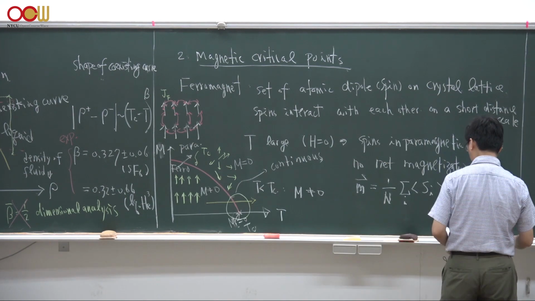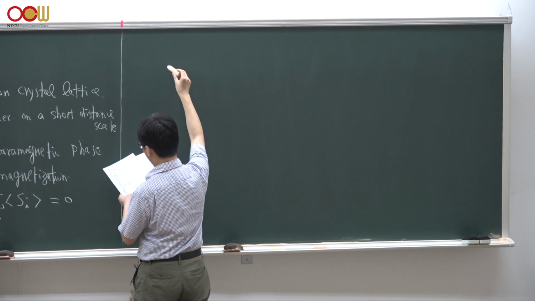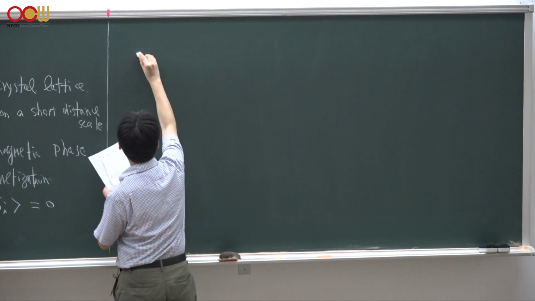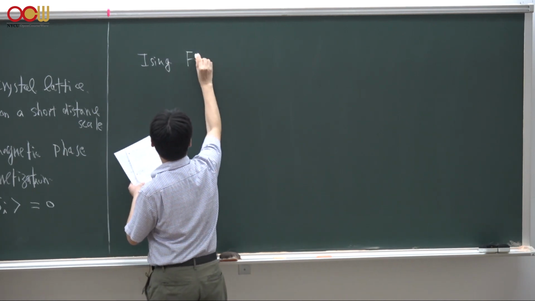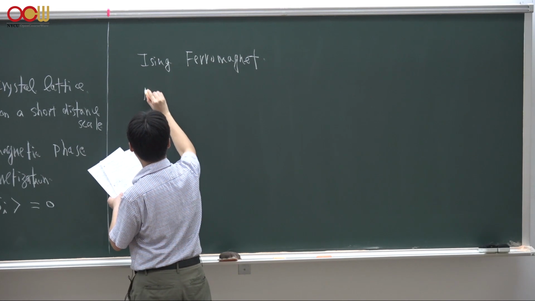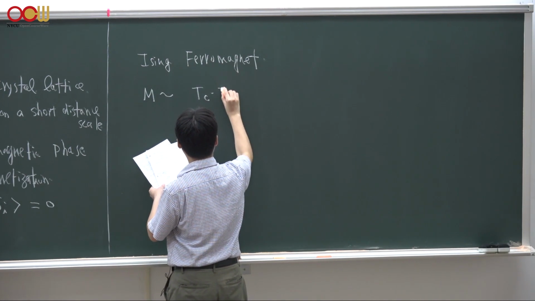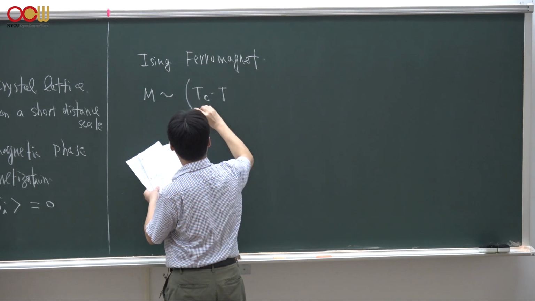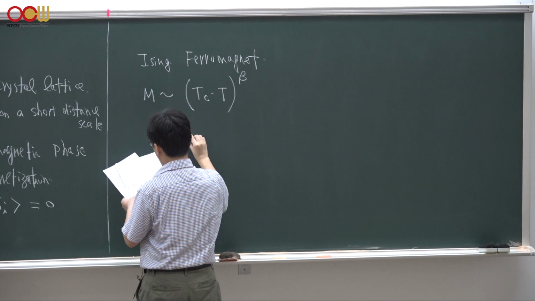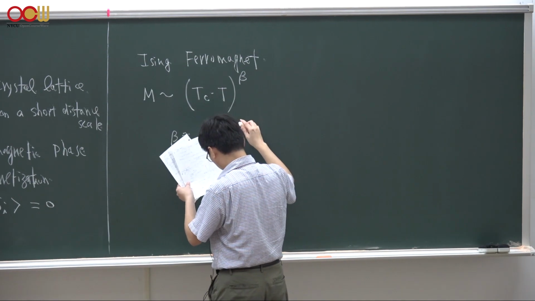So let me just summarize the power law behavior of the magnetization of a ferromagnet. For example, for the Ising ferromagnet, you could have the magnetization M go like Tc minus T to the power of beta, and this beta is around 0.313 plus or minus some error bar.